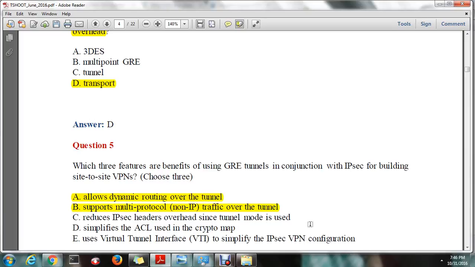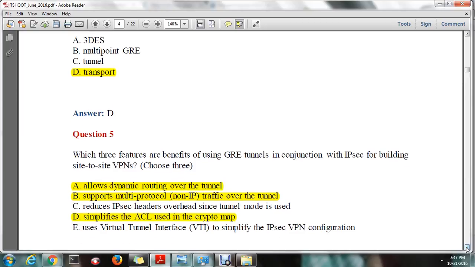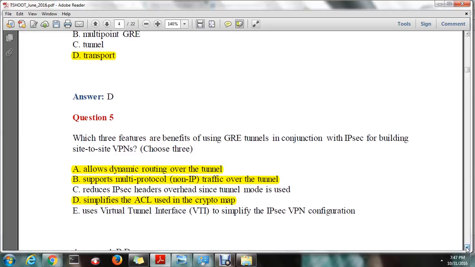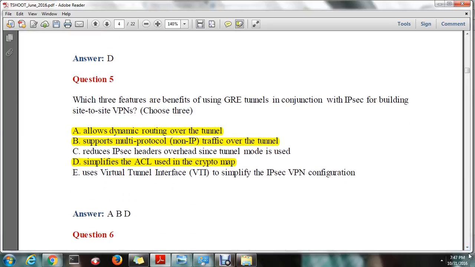Tunnel mode is not used to reduce the IPsec headers, because transport mode is what reduces the IPsec header overhead, as we saw in the previous question. Simplifies the access list used in the cryptography, right. Use virtual tunnel interface to simplify the IPsec VPN? No, the virtual tunnel interface is not that. So ABD is the right answer.